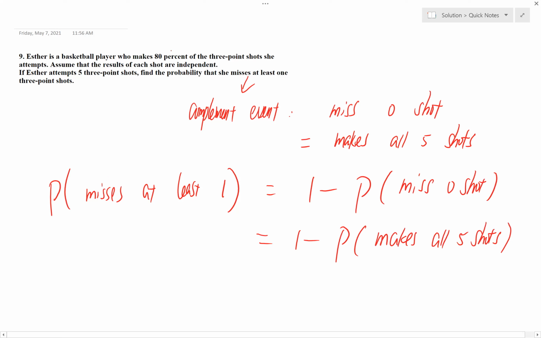We know she has 80% accuracy rate, right, to make each shot. So if you look at each, we have 5 different shots. First one, second one, third one, fourth one, fifth one. Each one has 80% chance of being made.